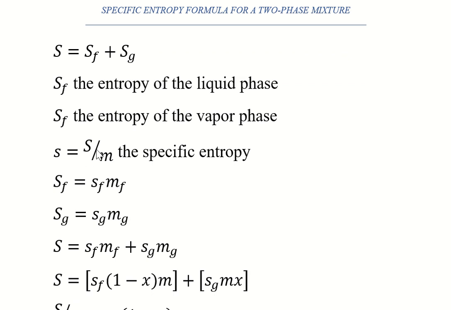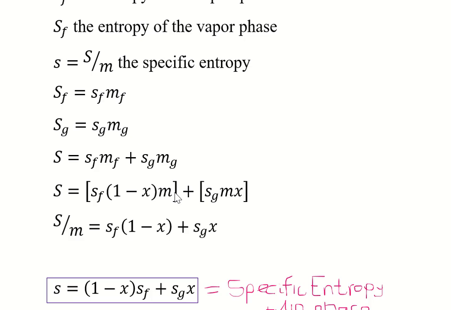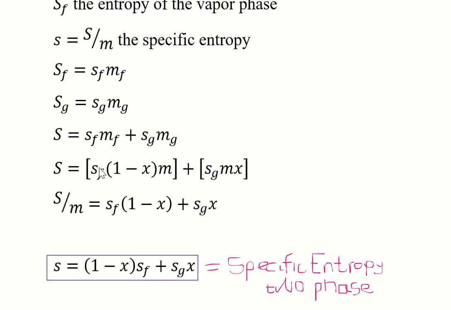Specific entropy is given by this, and once you take the entropy for the liquid phase and the vapor phase, you get something like this, and you substitute, and you get that. And we get this formula by substituting for the mass of the liquid phase.